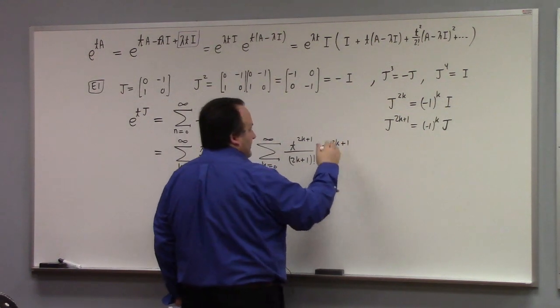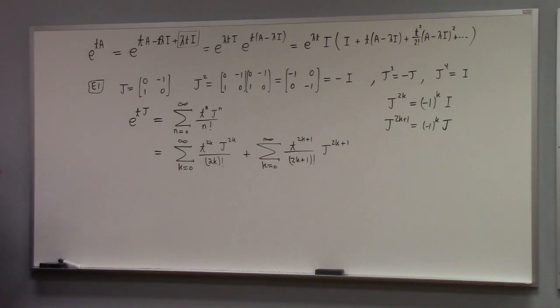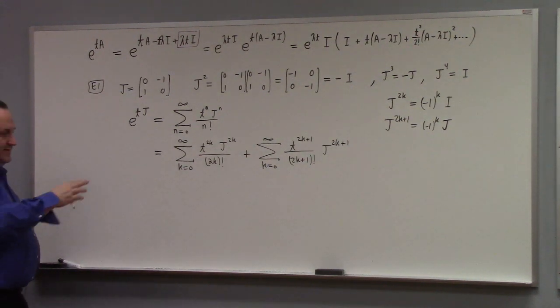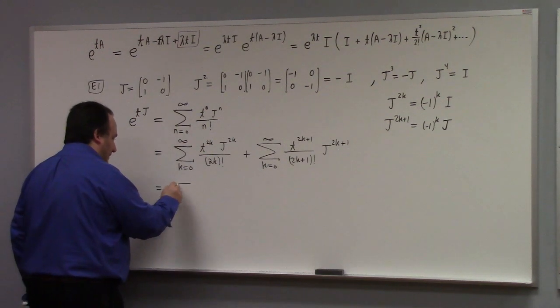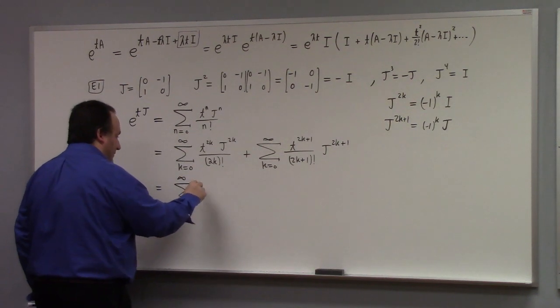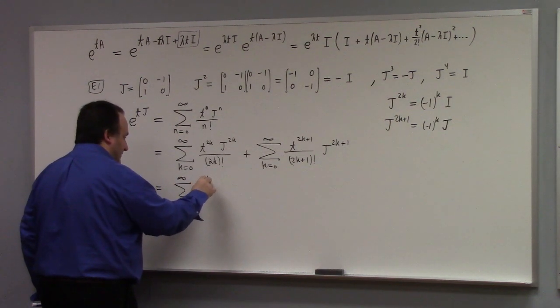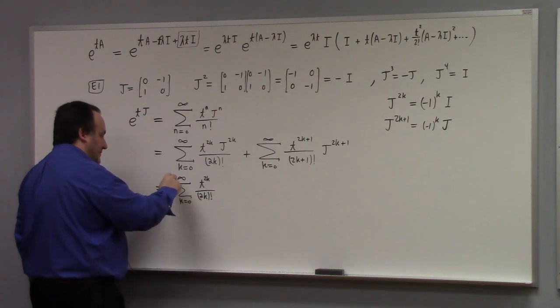Obviously, that choice is motivated by the apparent pattern here, namely that this matrix goes to plus or minus the identity and plus or minus J for even and odd powers. So doing that, we can rewrite this as the sum k equals 0 to infinity. I would remind you, calculus 2 is a prerequisite for this class. So we're about to feel that.